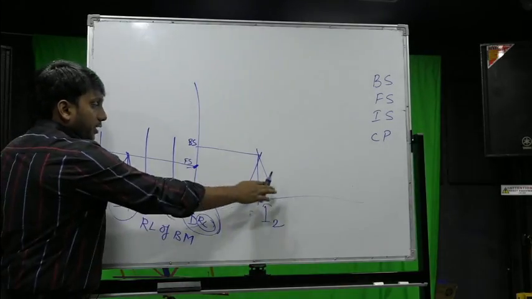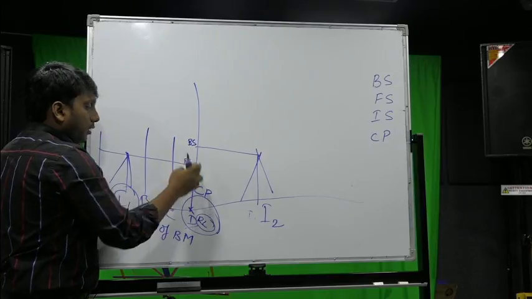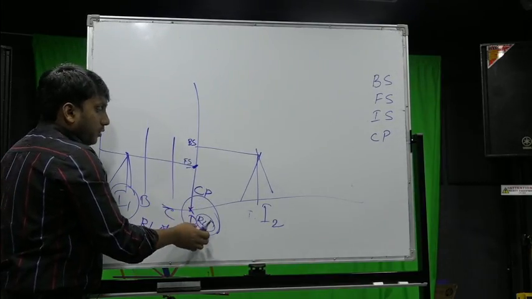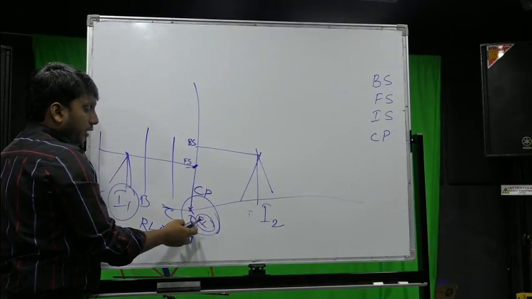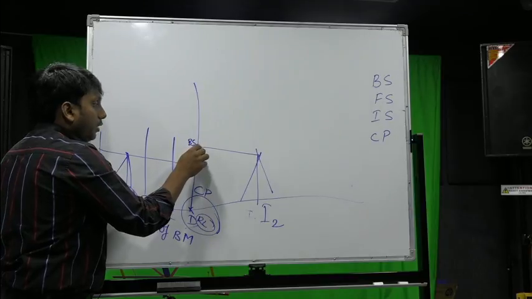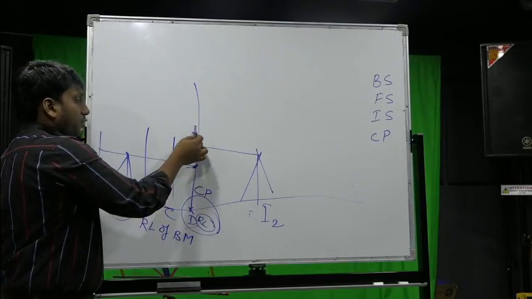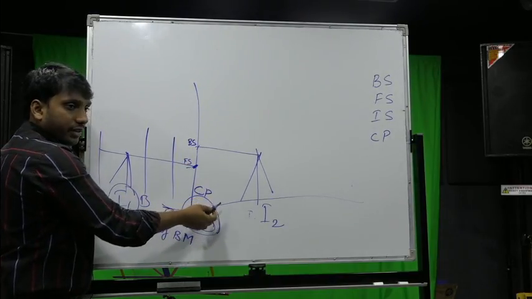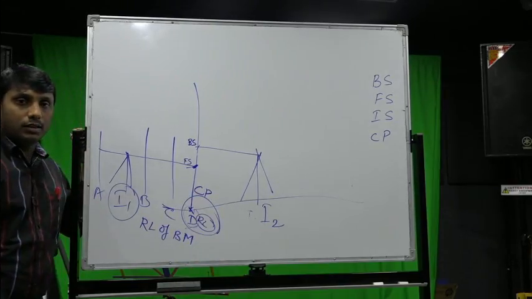Once you have set up I2, immediately you have to take the reading on D, because D is the known elevation here. From the new station, the reading taken on D is noted as backside. So at the same point you got foresight and backside. This is the change point. A change point simply means that after this point the instrument has been changed.